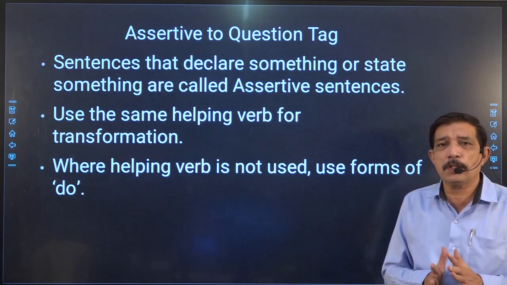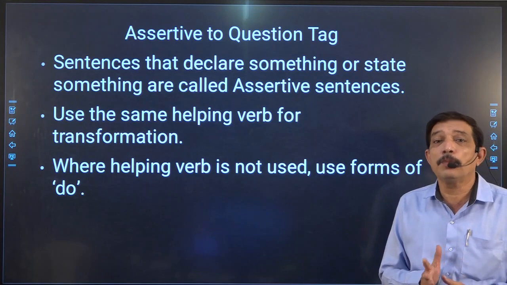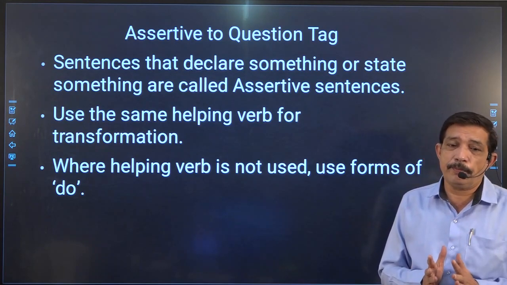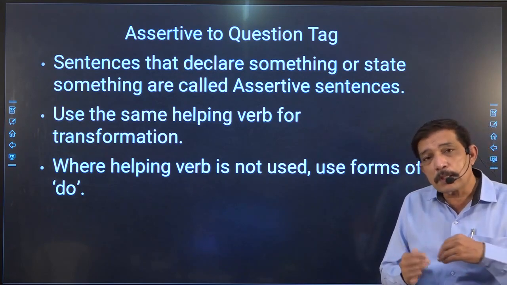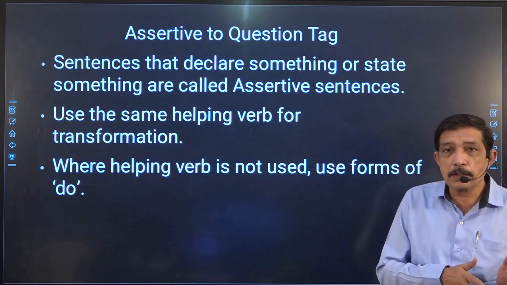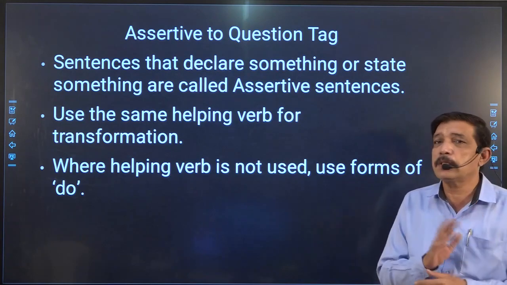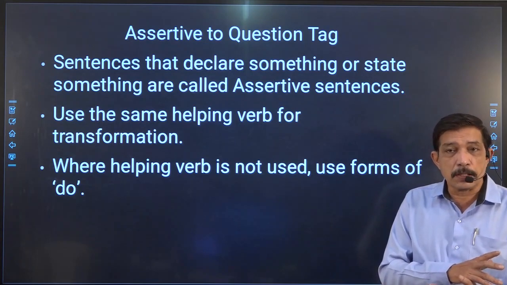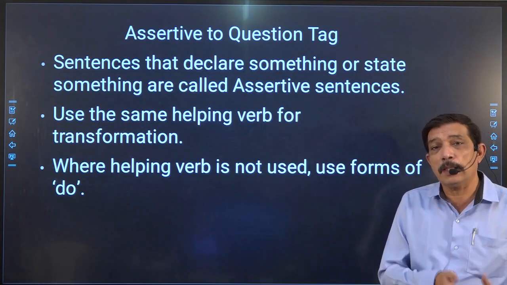So our first thing when we look at a sentence is where the verb is, right? If the helping verb is provided, then use that same helping verb for the transformation of an assertive to a question tag. Vice versa is not asked. From a question tag, we don't have to make the assertive sentence because that sentence is already there.